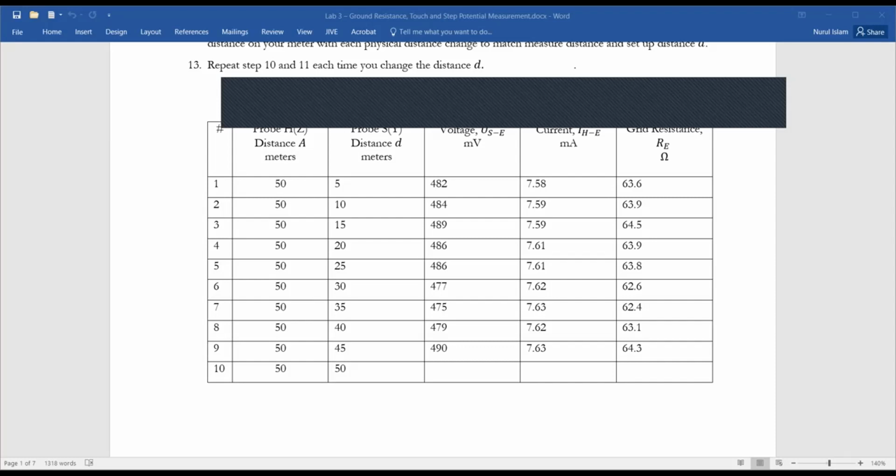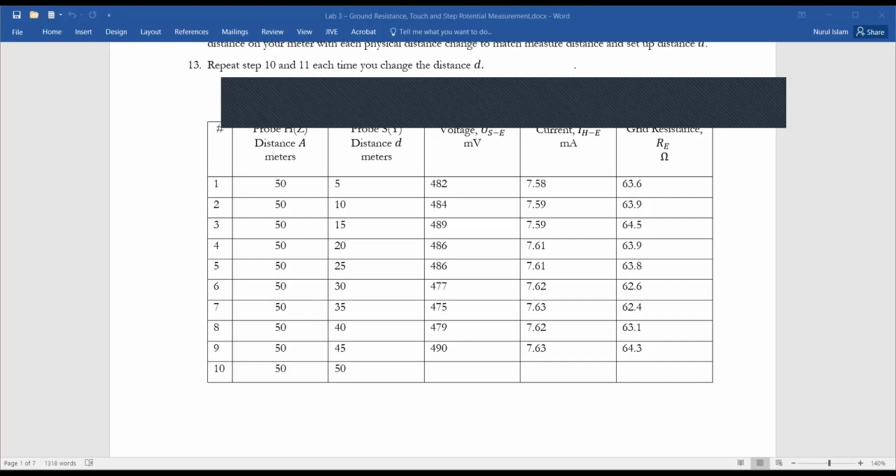Because 62% is 31 meters, but we didn't take any reading for 31 meters. Now you could look at these two numbers: for 30 meters, 62.6 ohms, and for 35 meters, 62.4. So your ground grid resistance will be somewhere between here.